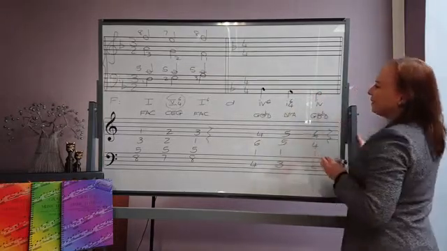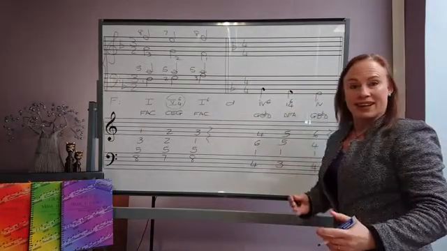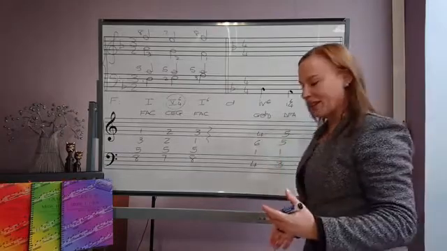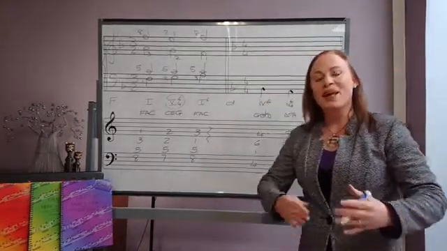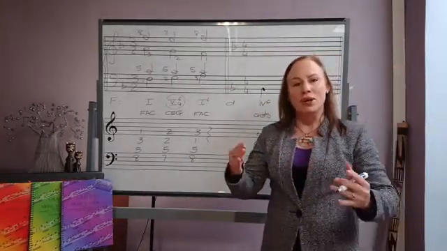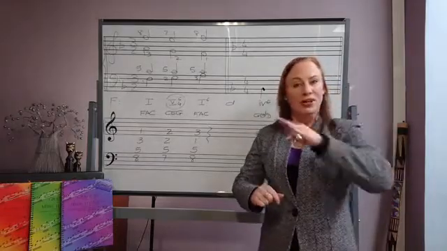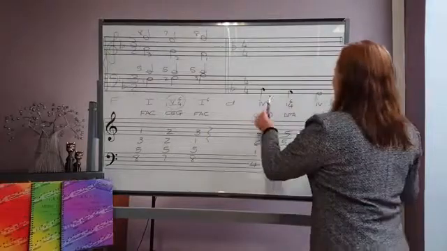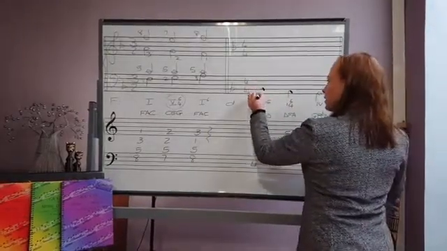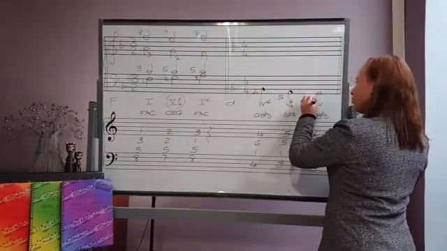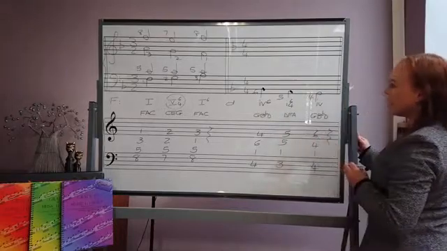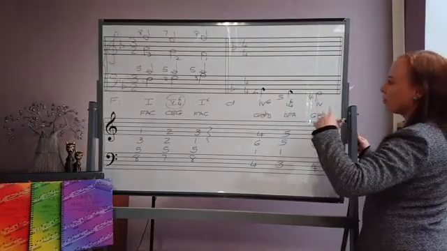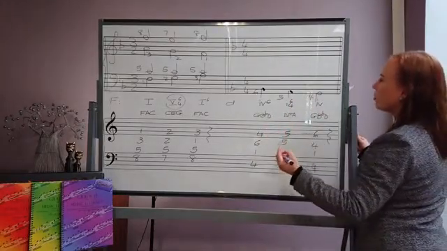Okay, good. And what's very nice, just remember this, it doesn't need to work out like this, but it's nice to get contrary motion between your soprano and your bass, and that's exactly what I'm going to do here. So I've got my 6, 5 and 4 over there, and then I'm going to have my contrary motion in the soprano.